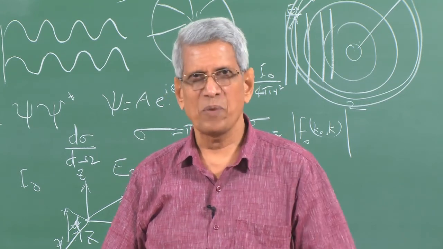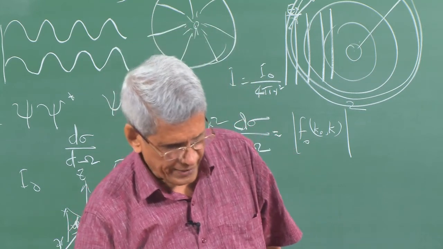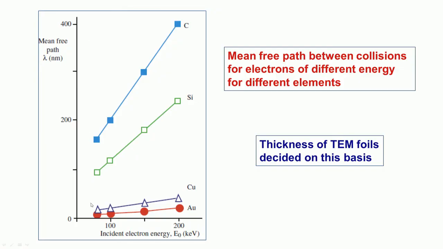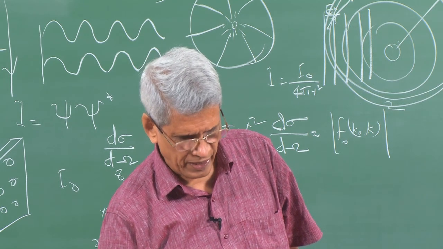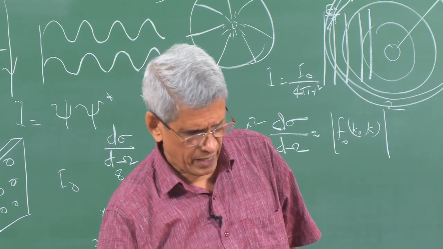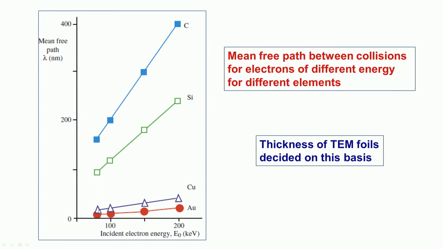So, even a thicker sample could be used, and that also comes out if you look at the mean free path. If we plot as a function of incident electron energy, we can see that depending upon the atomic number of the element, or even for copper specifically, gradually we see that even for 200 kV we have to use a sample maybe about 10 nanometer thick.